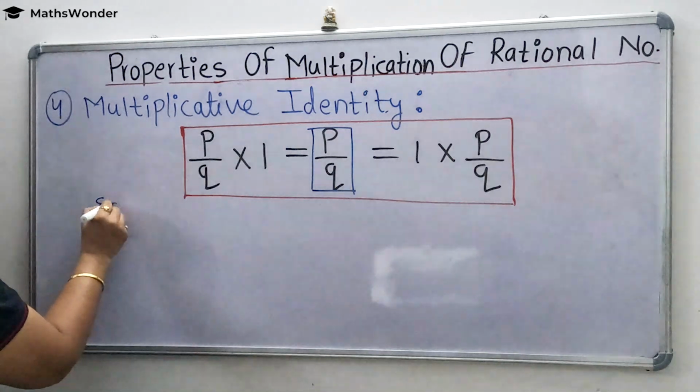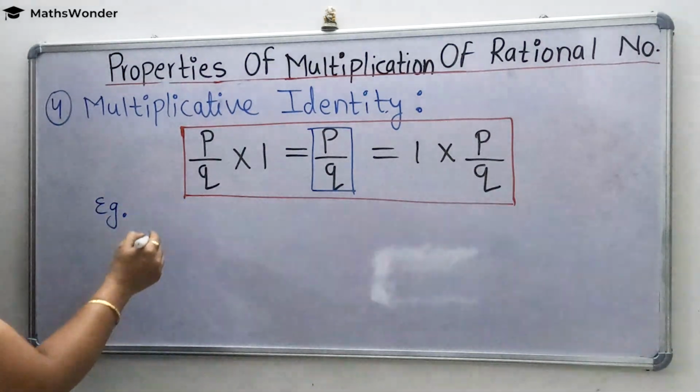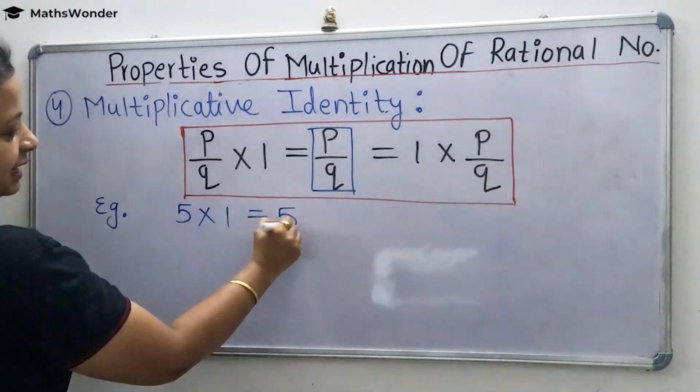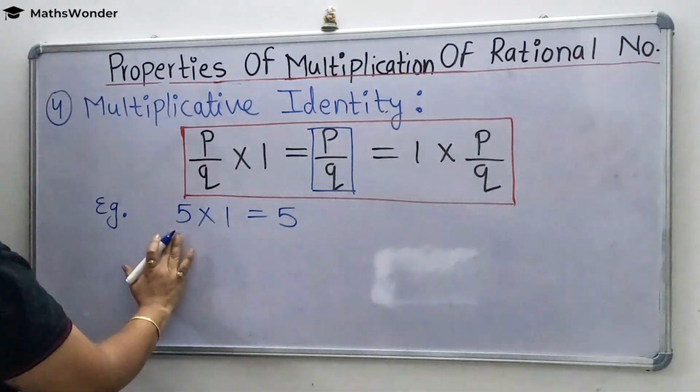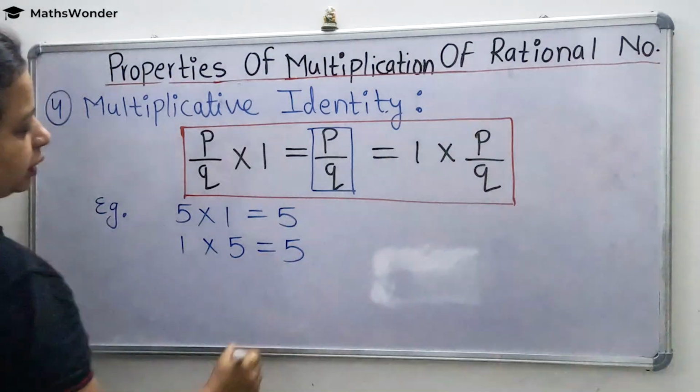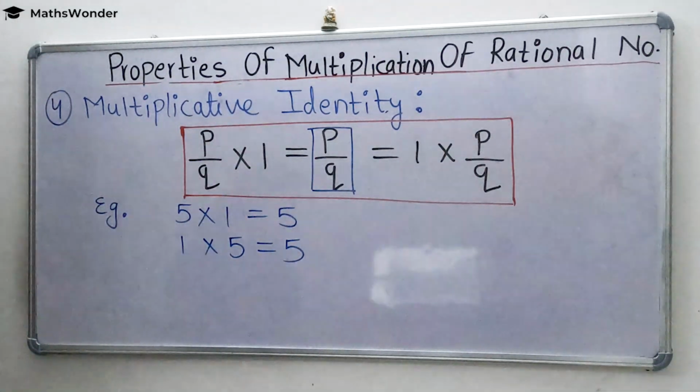Now come to the example. When we take any natural number, 5 times 1 will give 5, or 1 times 5, when you multiply in the other order, we get 5. That means the product of any number and 1 is always the number itself.